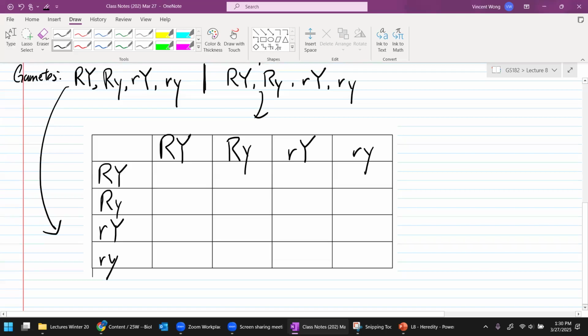Now find everything else that's also rounded. Round green, round yellow.